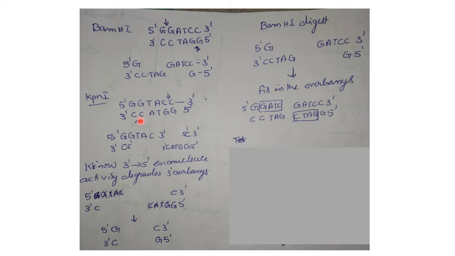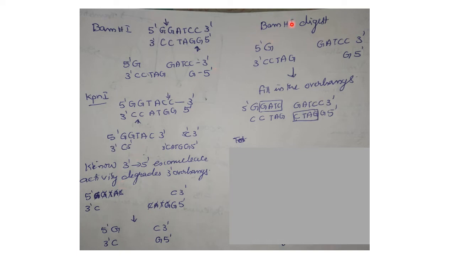Resect the overhang with Klenow DNA polymerase. So here you have to resect the overhanging end, that is, remove the overhanging ends using Klenow DNA polymerase. The 3' to 5' exonuclease activity of Klenow will cause blunt end formation by removing the 3' overhangs. Then digest the DNA with BamHI.